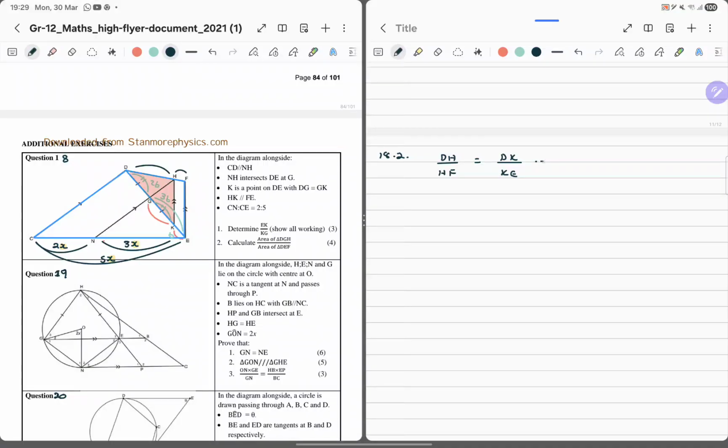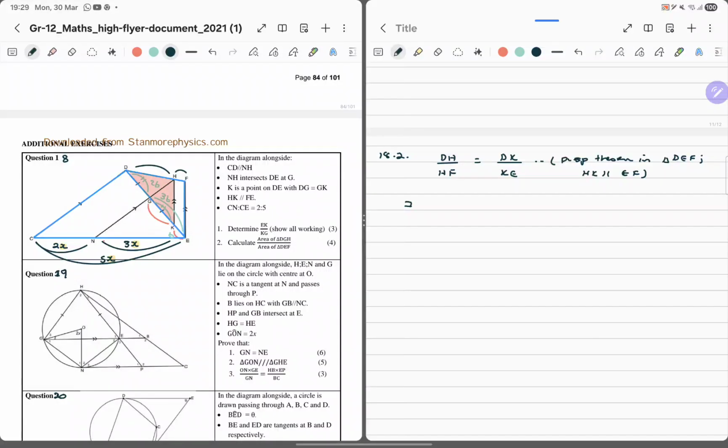Nice. So this is now the proportionality theorem in triangle DEF with HK parallel to EF.